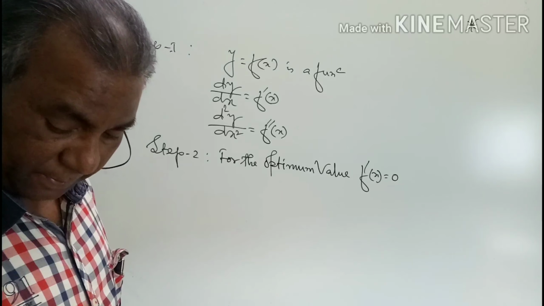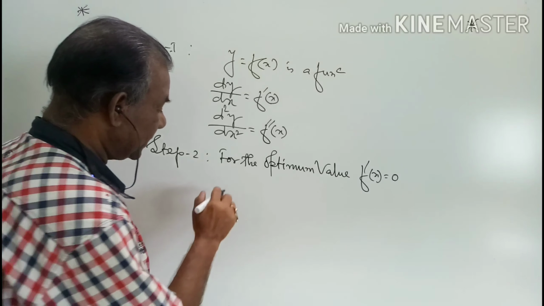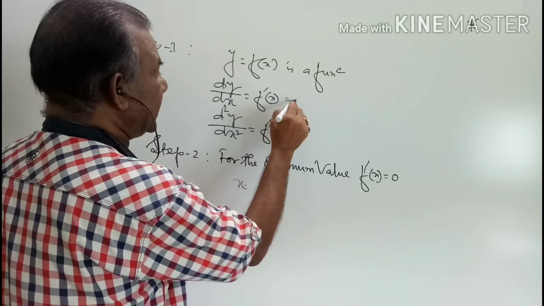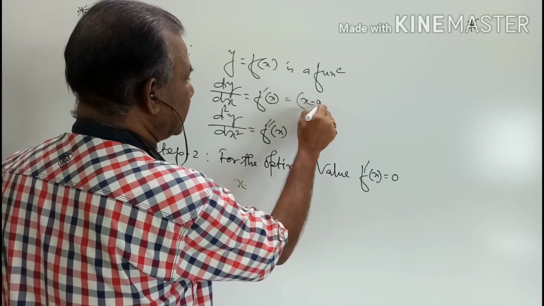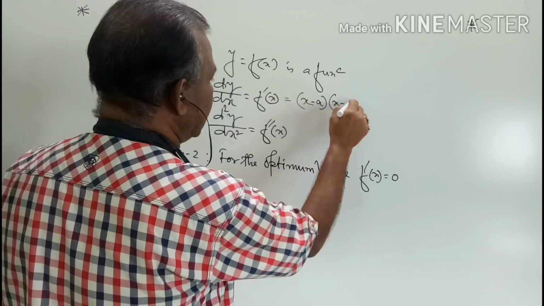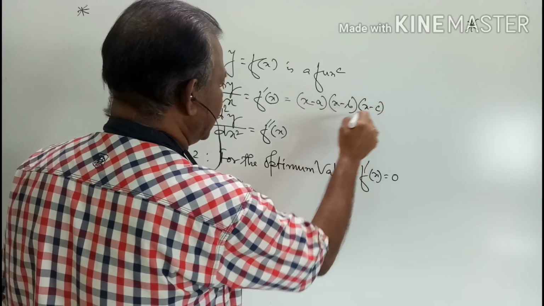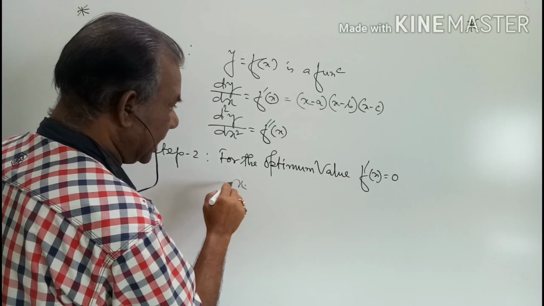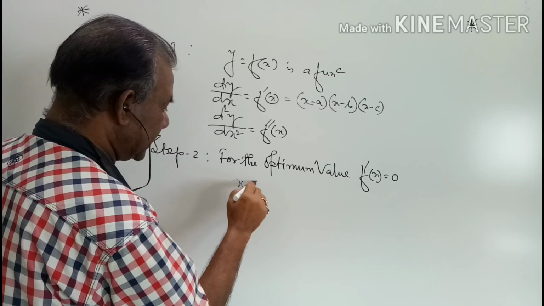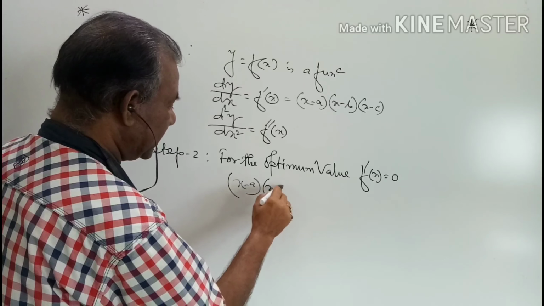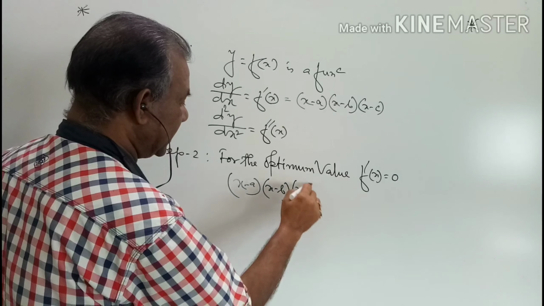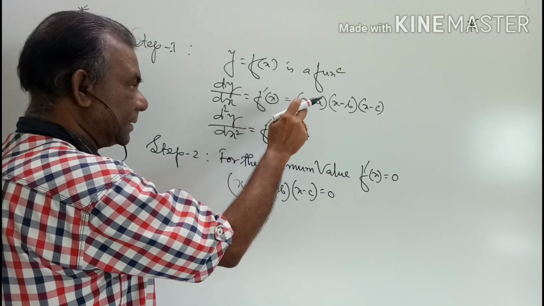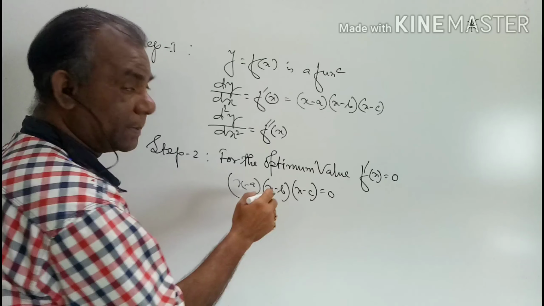Then if you put f dash x equal to 0 and write it in the factorized form, you get x minus a, x minus b, x minus c, and there may be many more. So f dash x equal to 0 means (x minus a)(x minus b)(x minus c) equal to 0. Whatever function you get, bring it into the factorized form, it will be easy to find.